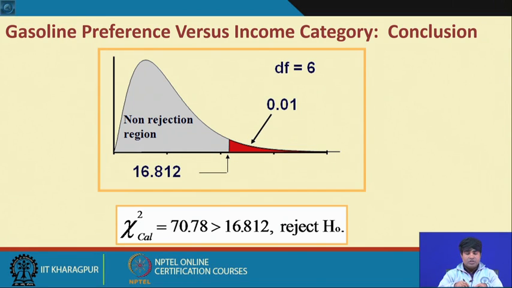So the calculated value is 70.78 and the critical value is 16.812.